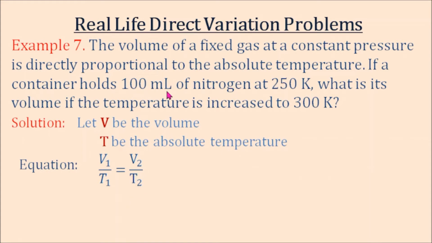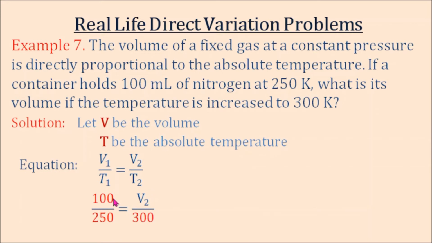Our V sub 1 is 100 milliliter. Our T sub 1 is 250 Kelvin. We are going to find V sub 2 when our T sub 2 equals 300 Kelvin. So we are going to substitute these numbers to our formula.